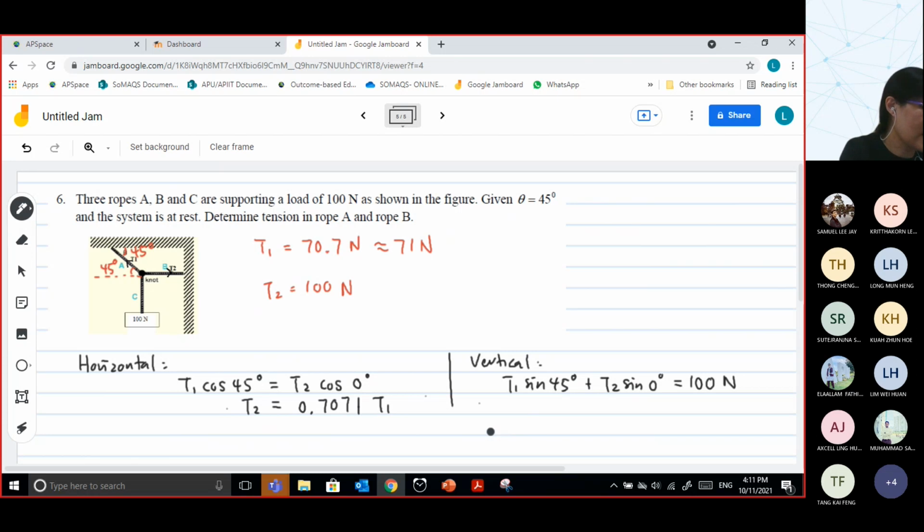T1 sine 45 is 0.7071. T1 equals to 100. So T1 equals to 100 divided by 0.7071. So you get 141.